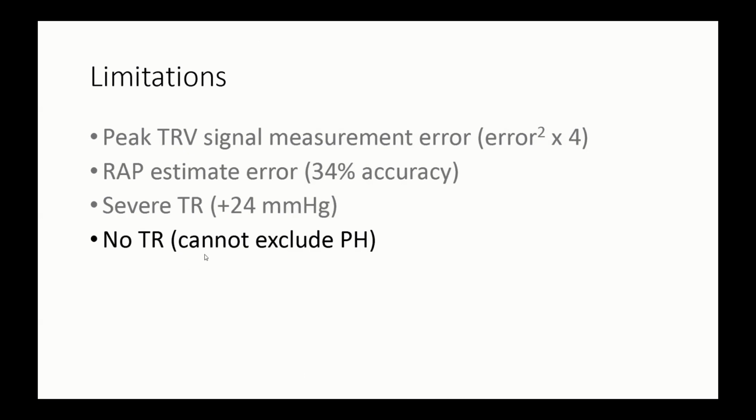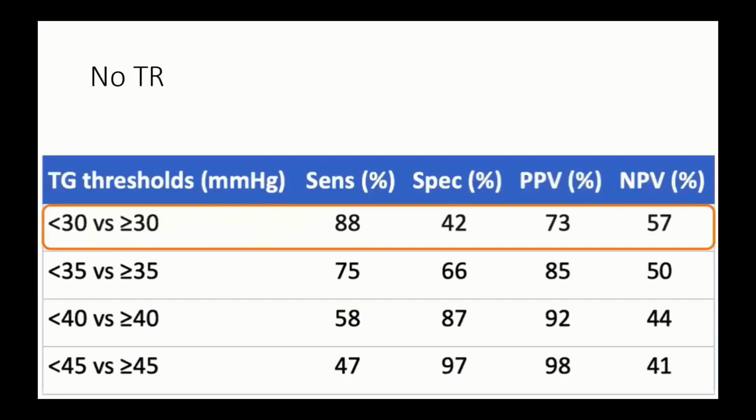And another limitation is that if there is no TR jet, you might be tempted to exclude pulmonary hypertension, saying there should be a TR jet if the pressure in the pulmonary artery is high. Well, in a population of scleroderma patients who get routinely screened for pulmonary hypertension, because the incidence of pulmonary hypertension is very high in scleroderma patients, looking at those who had by echo a transvalvular gradient of less than 30 versus those who had more than 30, the negative predictive value was only 50%.